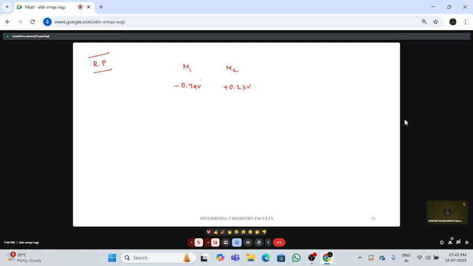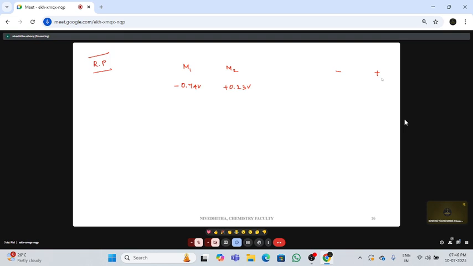Fine. Here I have metals M1 and M2 and their reduction potentials as well. So now if we connect M1 and M2, we have to find which metal will get oxidized and which will get reduced. For that, please use the shortcut negative terminal and positive terminal. I'm going to connect this negative and positive terminal. Could you please tell me from which point to which point electrons will be moving?